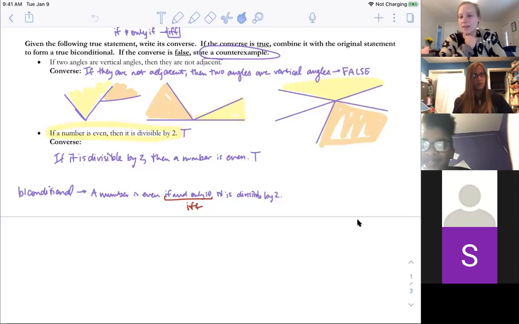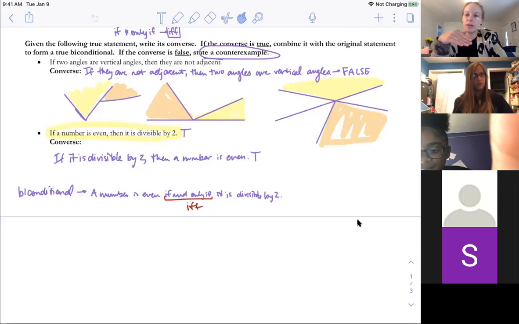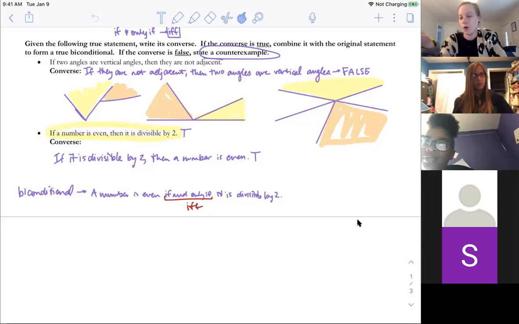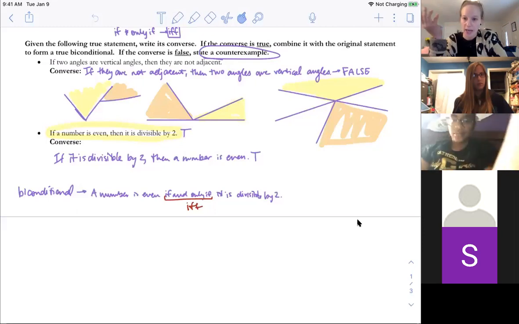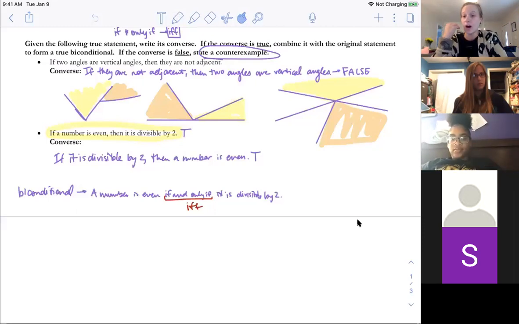So a number can be even and be divisible by other things, right? Yeah. But at base level, every single even number is divisible by 2. So even if they're also divisible by 4 or 10 or 5, all of them at least are divisible by 2. And so that's kind of why that if and only if works there.